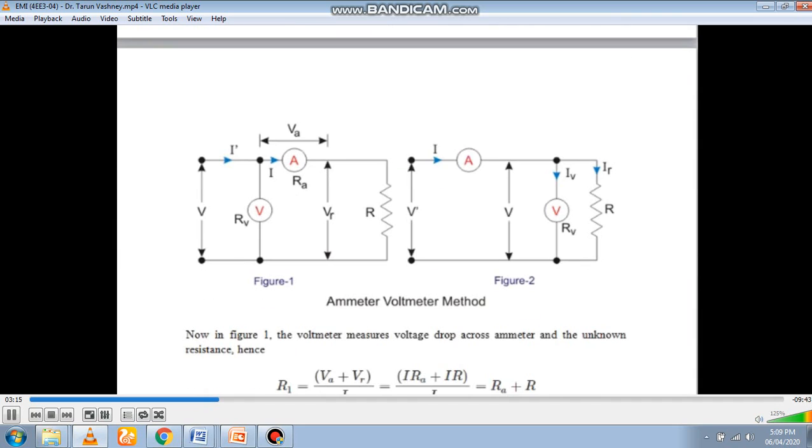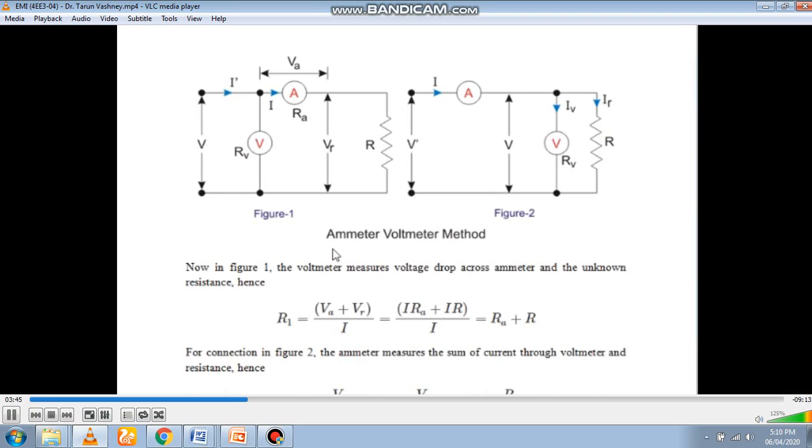Let's see figure number 1, in which the voltmeter measures the voltage drop across the ammeter and the voltage drop across the unknown resistance R. So the total voltage measured by the voltmeter is VA plus VR.